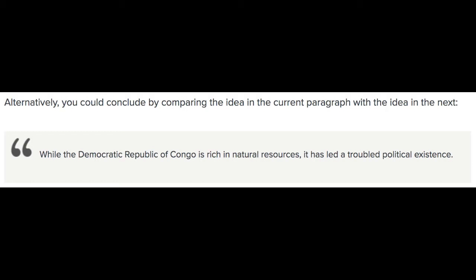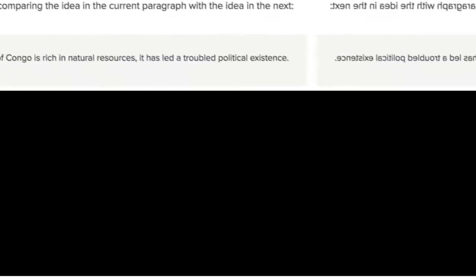The first paragraph would focus on the Democratic Republic of Congo being rich in natural resources, and they listed their evidence before that, so this summarizes the point of that paragraph. Then I'm assuming the next paragraph would go into the troubled political existence of the Republic of Congo, and that's how they segued into it. This was a good transition to use.